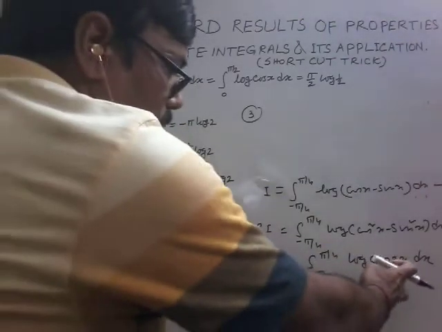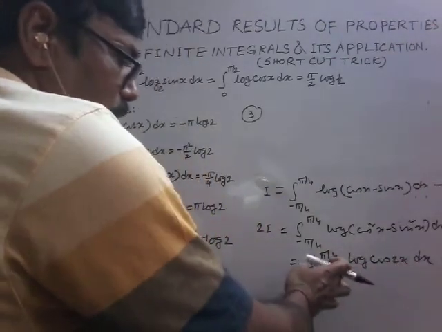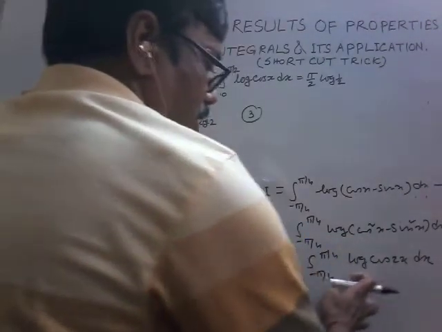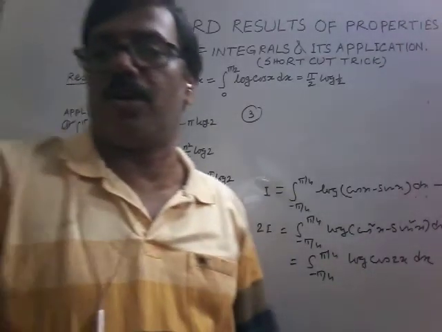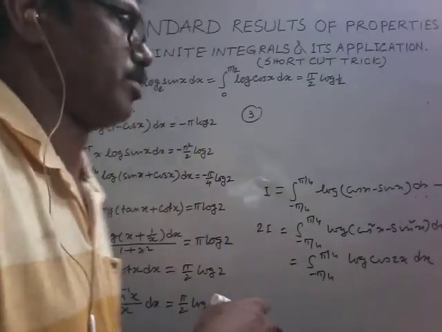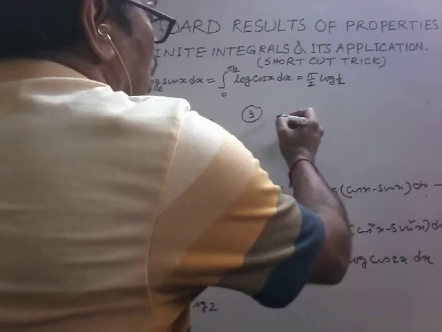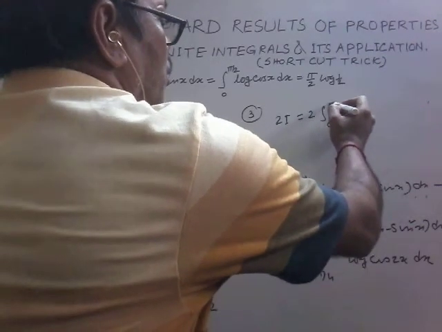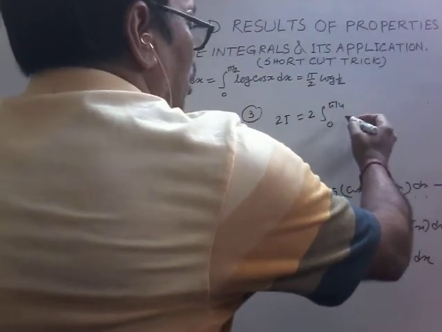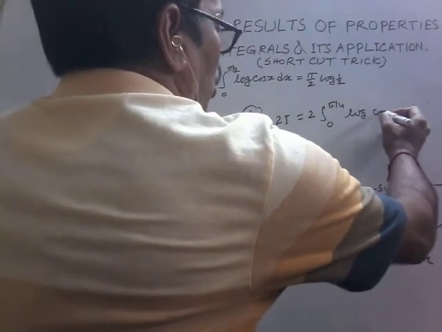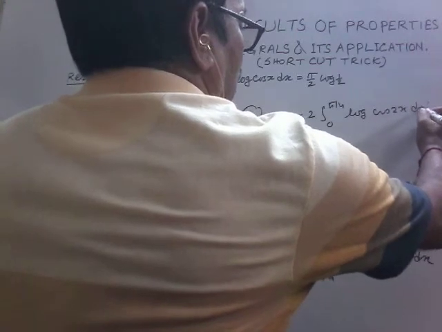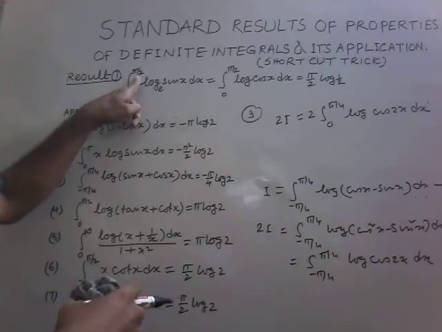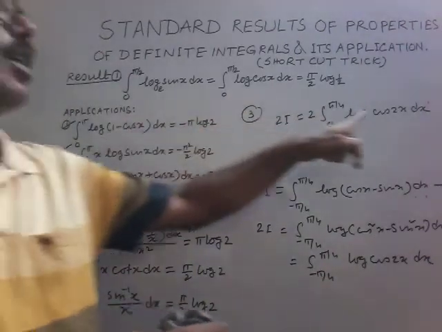This is an even function. We know that for an even function, integral minus a to plus a of f(x) dx equals twice integral 0 to a of f(x) dx. So 2I equals 2 into integral 0 to pi by 4 of log cos 2x dx.